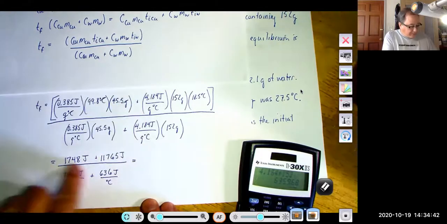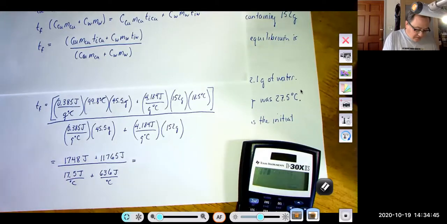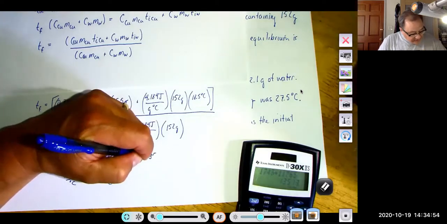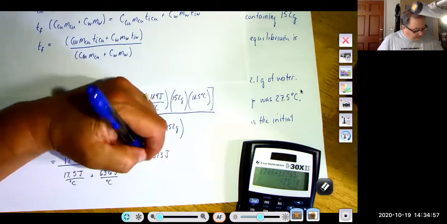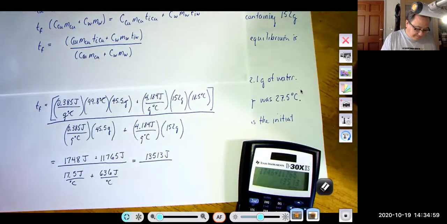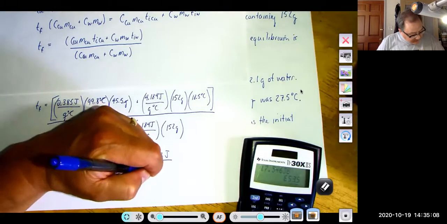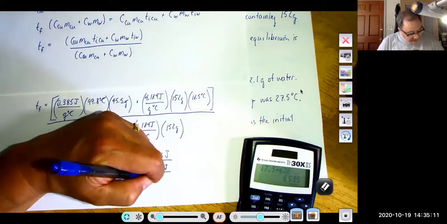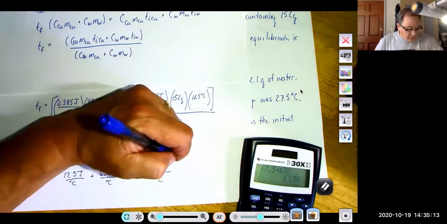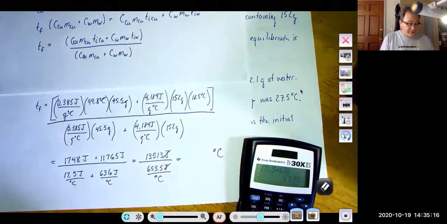Now I'll add these two numbers up at the top, 1,748 plus 11,765, and we get 13,513 joules, divided by, add these two numbers up, and we get 653.5 joules per degree Celsius. These joules cancel, so I'll get degrees Celsius for my answer.